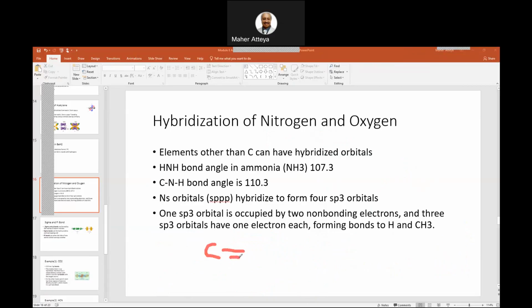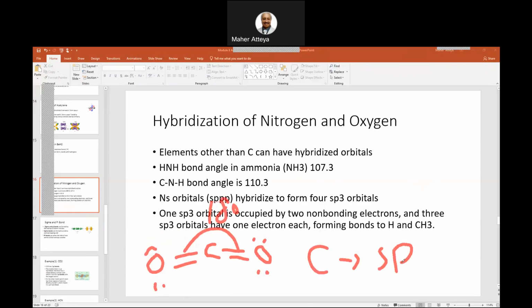We have this. This is two electrons, and this is linear, 180. So because this is linear, the carbon tends to have always sp to make linear stuff. The oxygen makes a double bond, sp2.